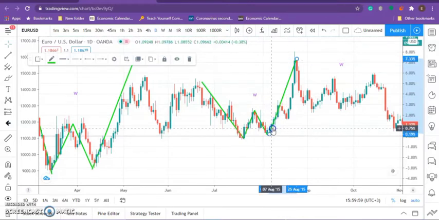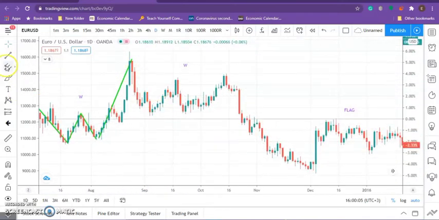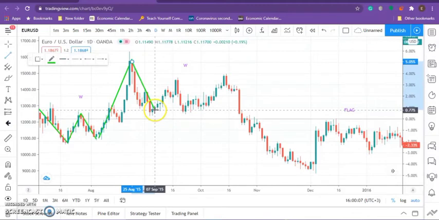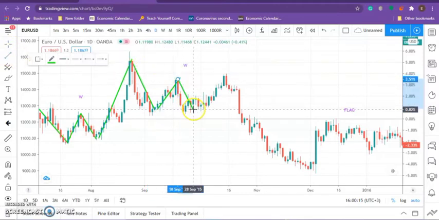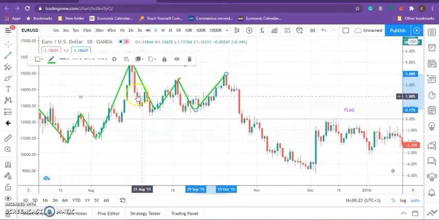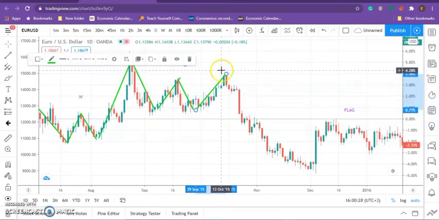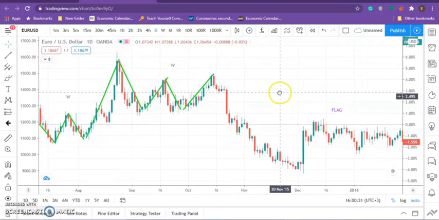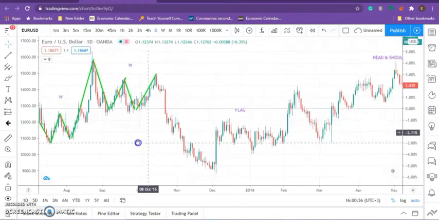Yeah, so this is another W. This also is a W, but a very weak W, which, as we have said, leaves a bullish sentiment on the market. So yeah, an average of almost 3%, 4% on this one. It gave some good pips there.